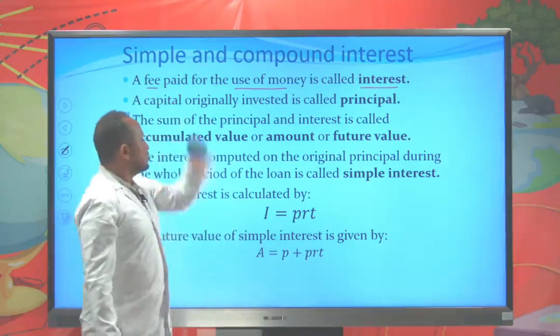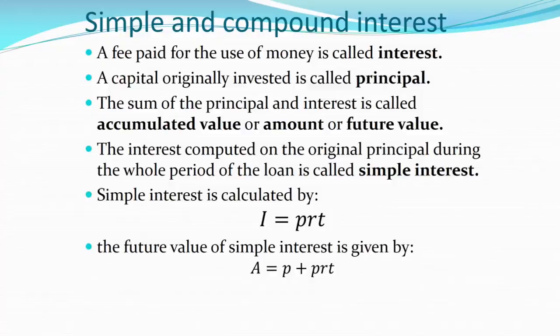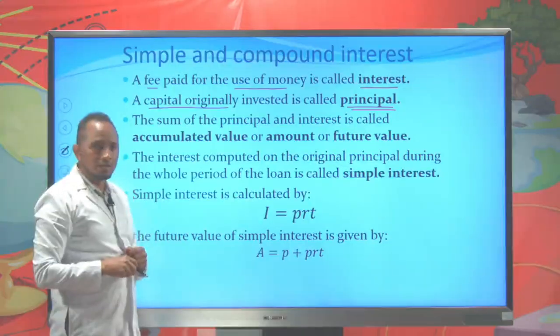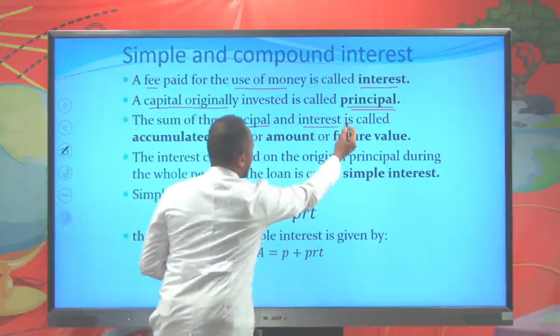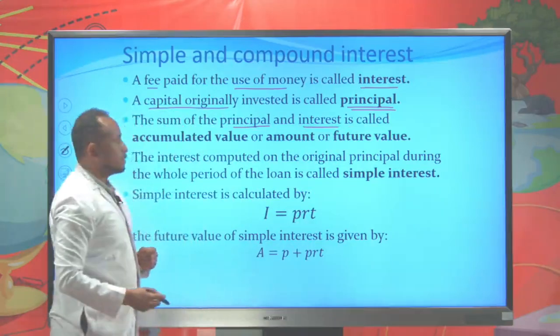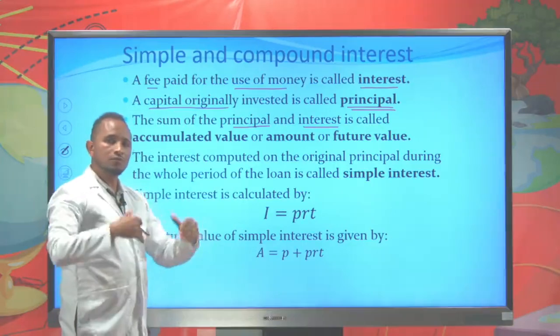A capital originally invested is called principal, and the sum of the principal and interest we call the accumulated value, or amount, or the future value.